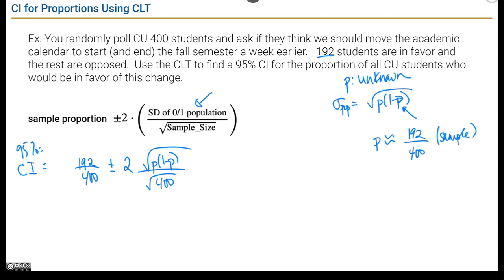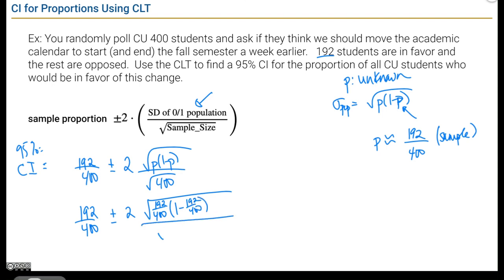And again, I'm approximating p with the sample proportion. So I'm going to do 192 out of 400 plus or minus 2 times the square root of 192 over 400 times 1 minus 192 out of 400, all over the square root of 400.